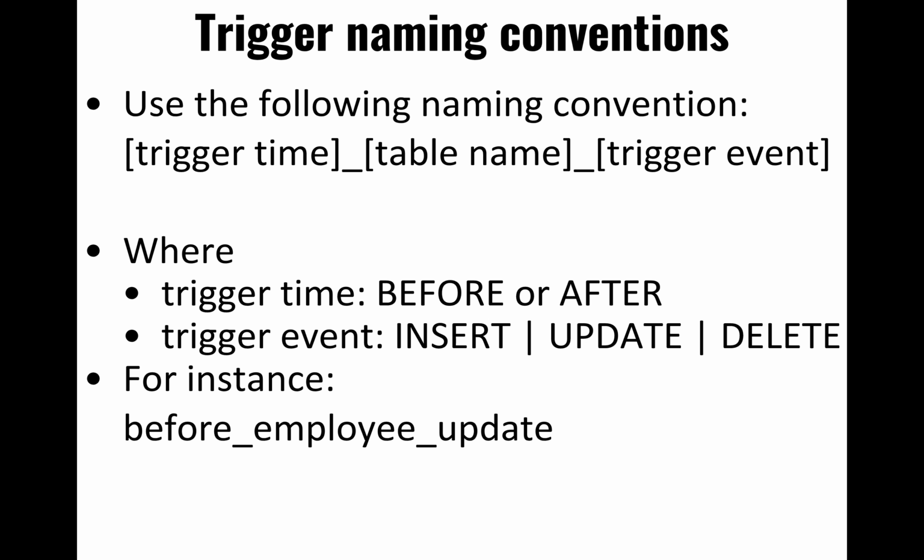That's a good naming convention. So this would be before or after, the table that is being operated on, and whether you're doing an insert, update, or delete. Make sense? All right, so that's a naming convention we would expect you to follow also for the assignment that you're working on.